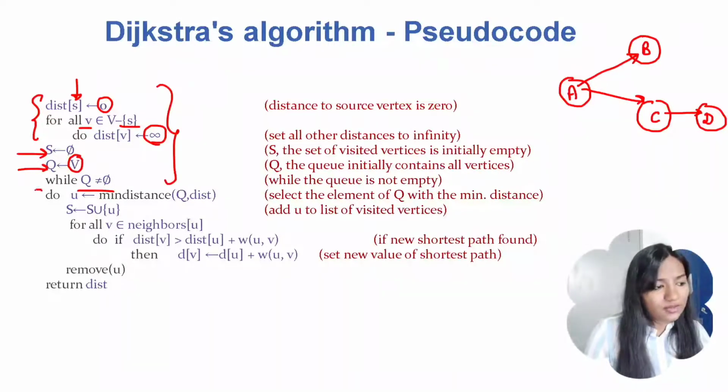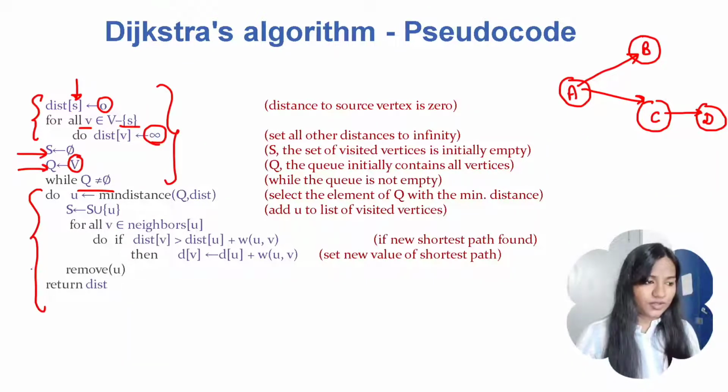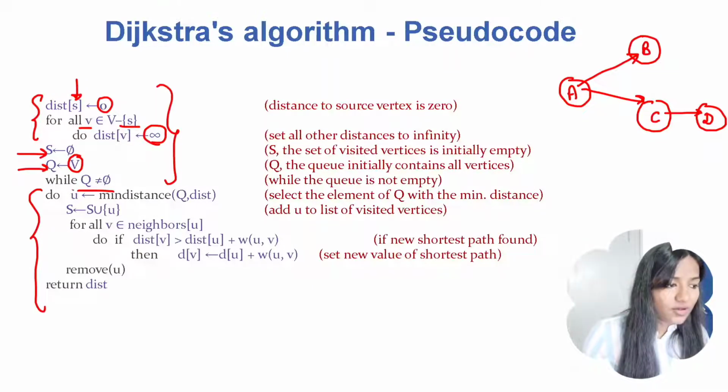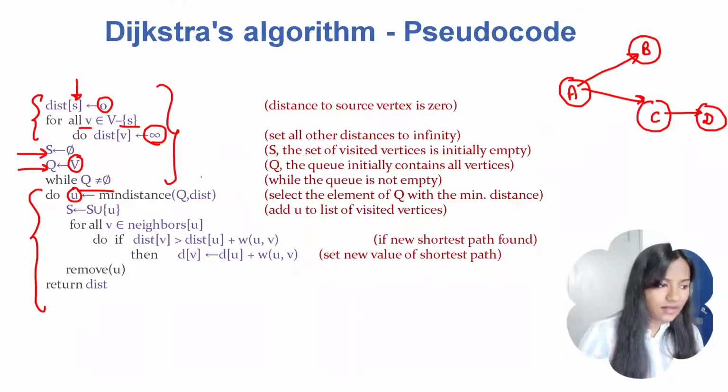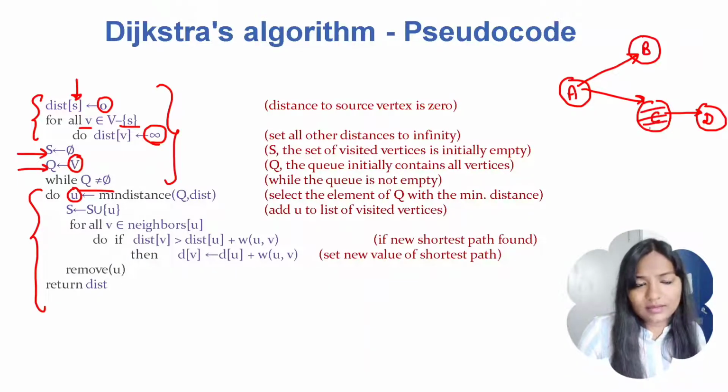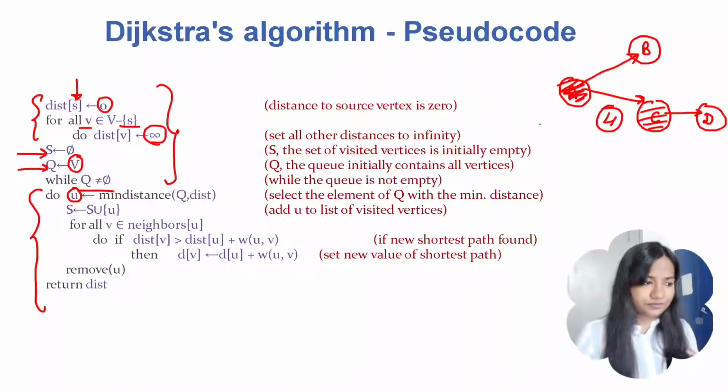Now let's talk about the main logic of this algorithm. So what is this U? U is the vertex with the minimum distance from my source vertex. So let's say that I have a vertex A, and this vertex B. Let's select this C. So the minimum distance between my source vertex and C is 4.